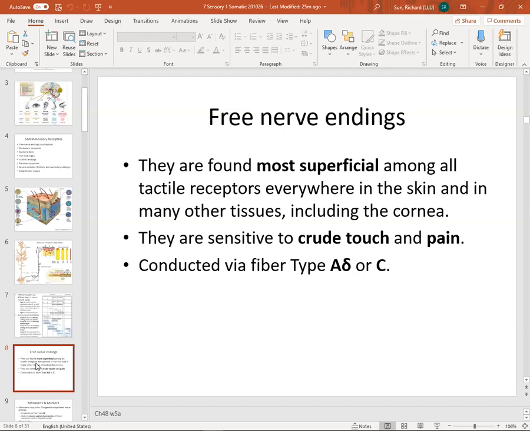This is the most superficial receptor among all tactile receptors. It's sensitive to crude touch and also pain. So this is also the type of receptor for nociception, the pain receptor. It has two types of fiber, type A delta and type C. A delta is the myelinated one, faster than type C, the non-myelinated one.